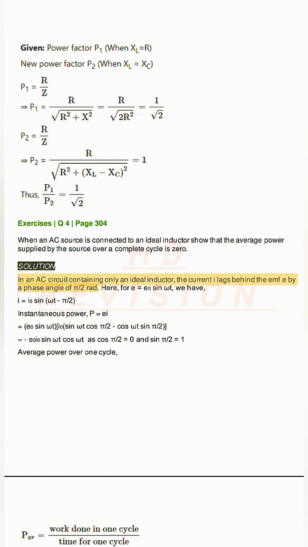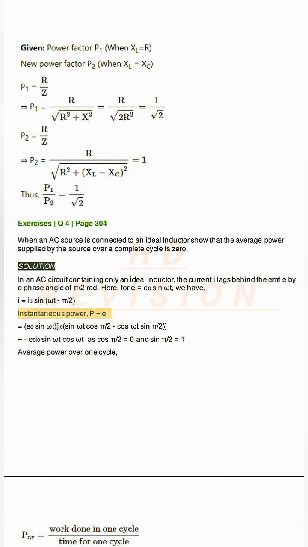Solution. In an AC circuit containing only an ideal inductor, the current I lags behind the EMF E by a phase angle of π/2 radians. Here, for E equals E0 sin ωt, we have I equals I0 sin(ωt − π/2).